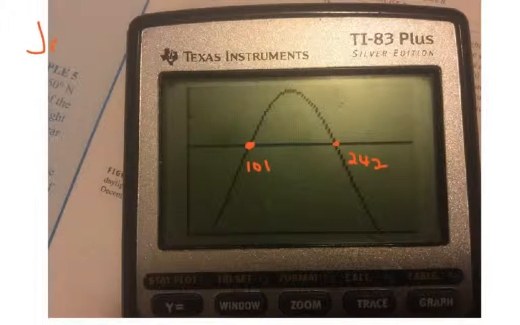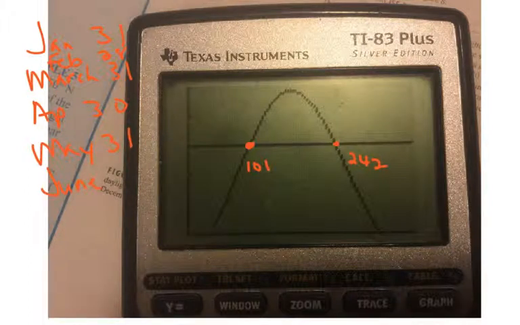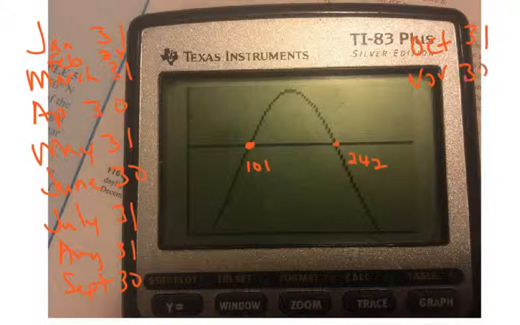Well, you need to know things like January has 31 days, February has 28, March has 31, April has 30, May has 31, June has 30, July and August both have 31, September has 30, October has 31, November has 30, and December has 31.